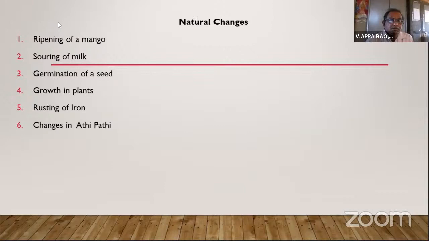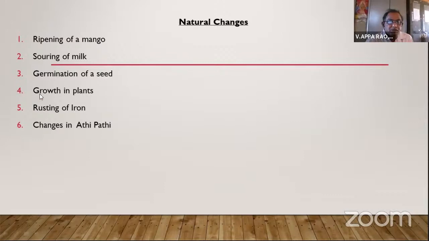Natural changes. Ripening of a mango is a natural change and a permanent change. Souring of milk is a natural change and a permanent change. Germination of a seed is a natural change and a permanent change.